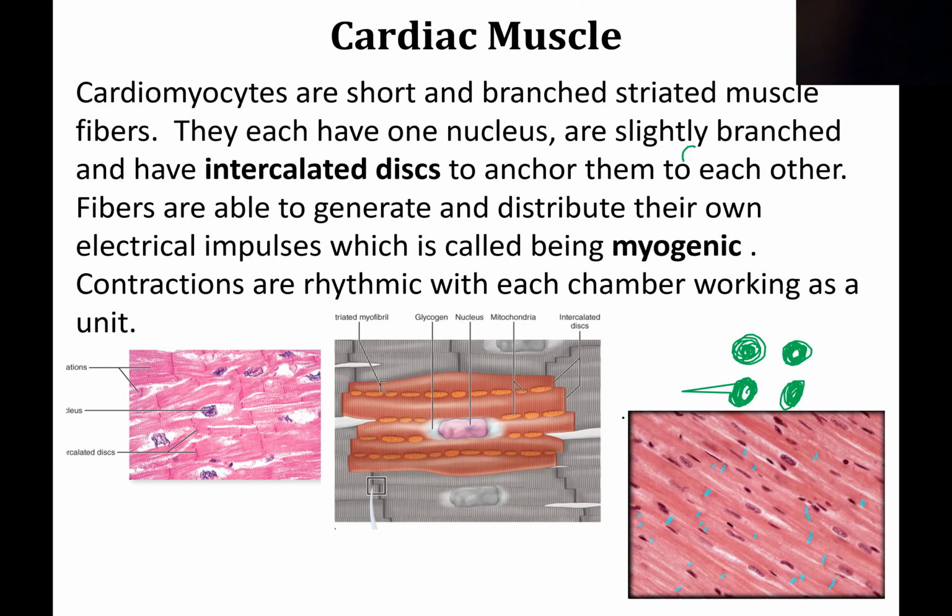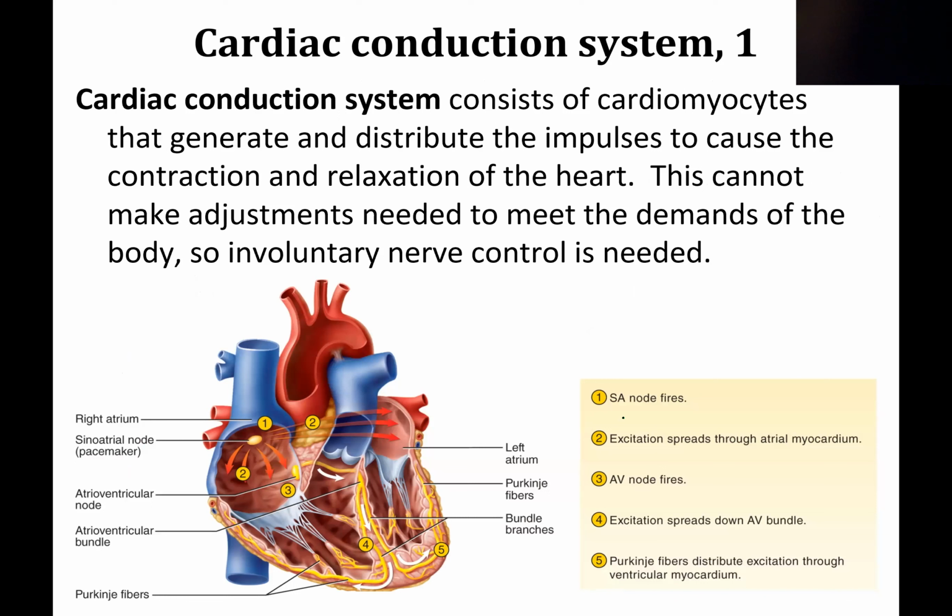Because of this myogenic trait, some of the tissue is specialized just to do the production and distribution of the electrical current. And so that's where we have the cardiac conduction system. You have cardiomyocytes or cardiac muscle fibers that generate and distribute the impulses to cause contraction and relaxation of the heart. So their job is to act more like nerves than muscle tissue.